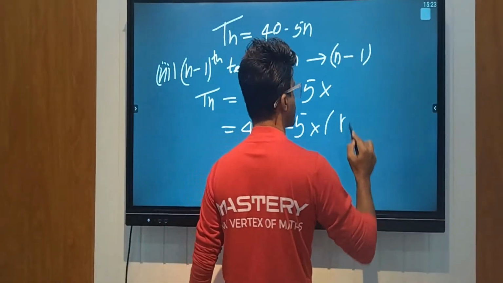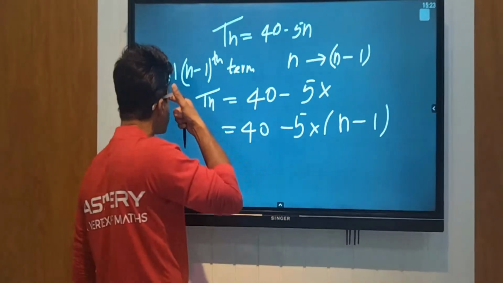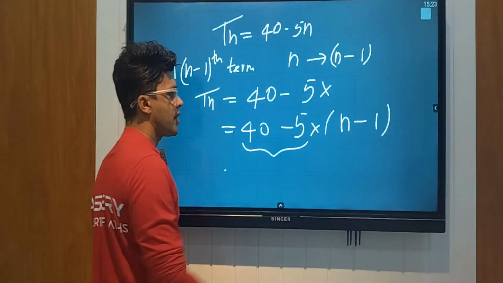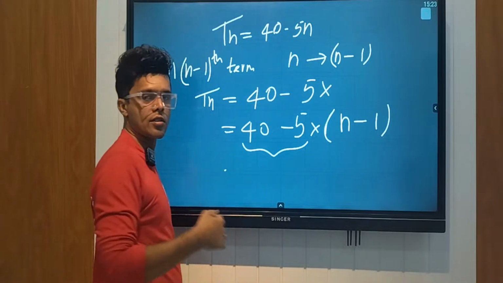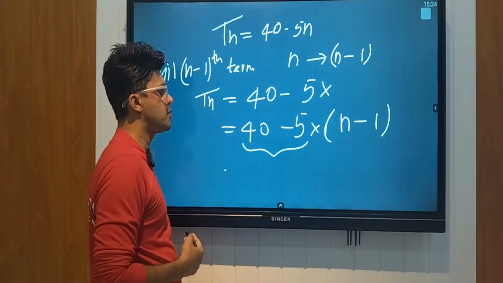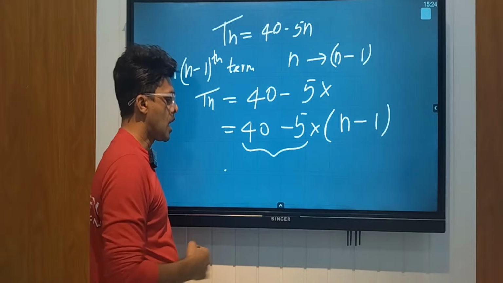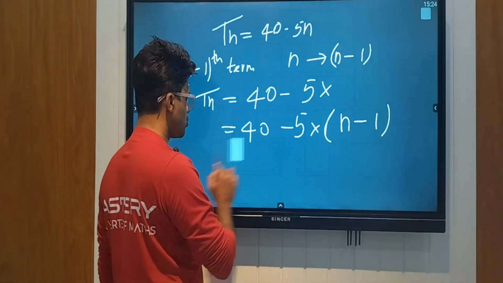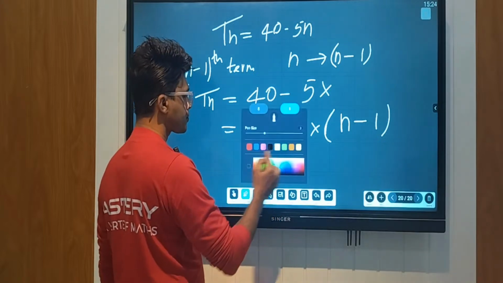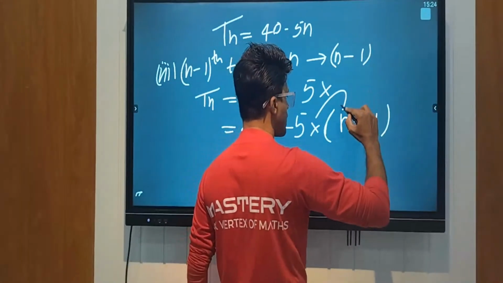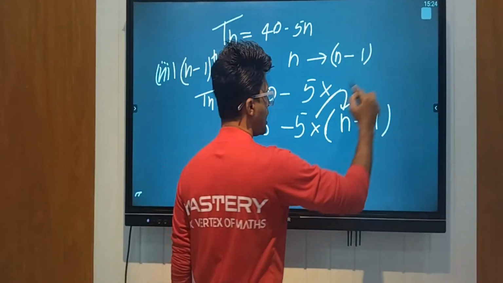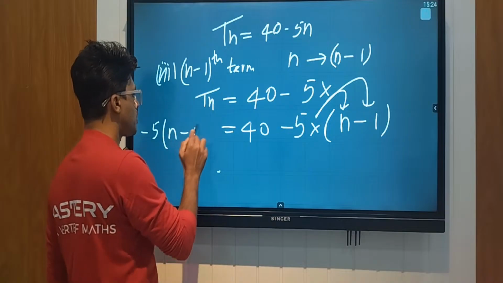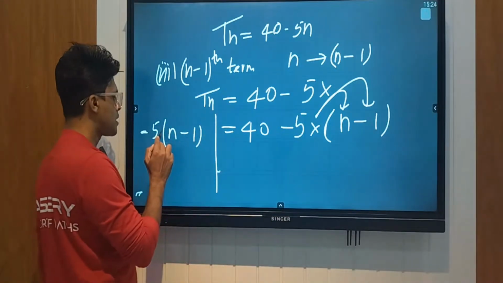Can we subtract 40 minus 5 first? We can't, because according to the order of simplification, we have to remove the brackets first. Then minus 5 times n minus 1.